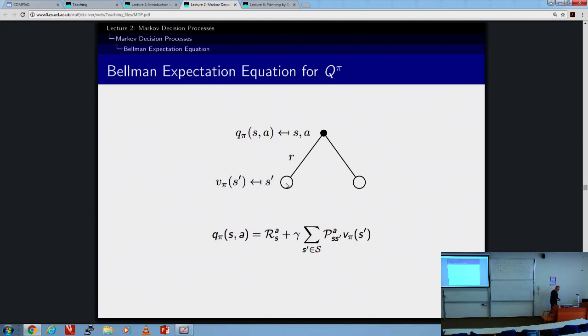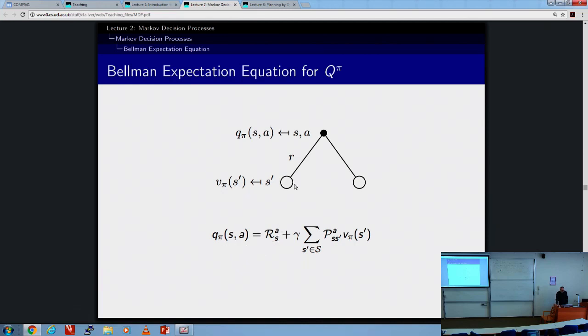Maybe there's wind, right? So that means I don't know either what R is going to be or what S prime is going to be. So how can I write Q of S, A as a mutually recursive equation?